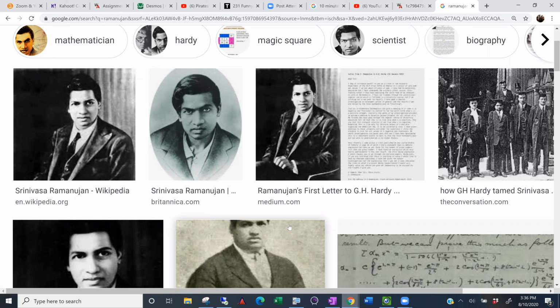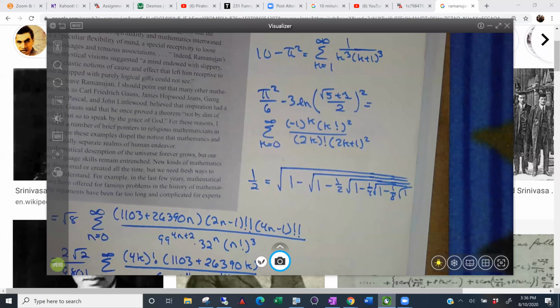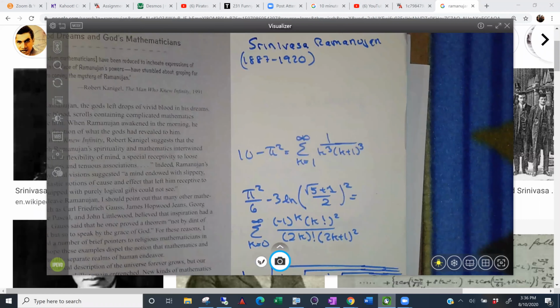If you wanted to see a decent movie, a fictionalized version of his life, I think it's reasonably accurate. I've never seen it myself, but I've heard good reviews about it. It's called The Man Who Knew Infinity.